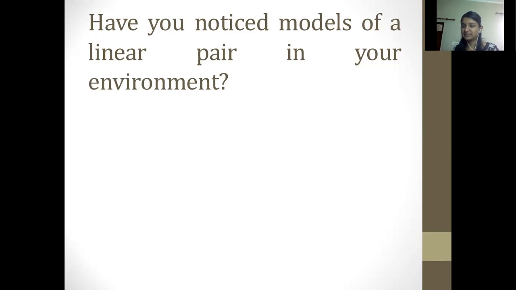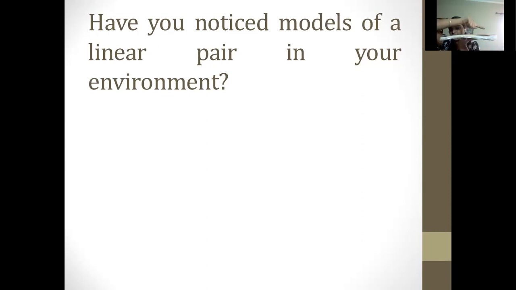Have you noticed models of linear pair in your environment? If I ask you about a rainbow, have you ever noticed a rainbow? It is a circular shape, but the base is the floor. It starts from some point and ends at some point.